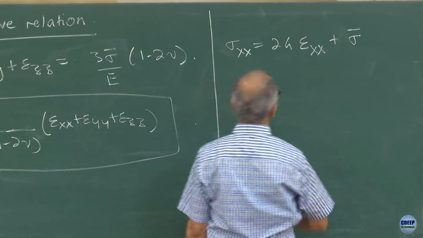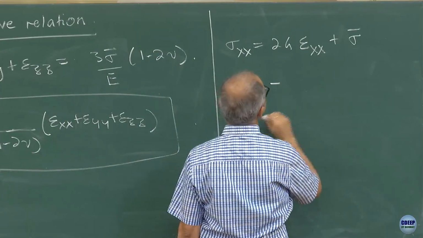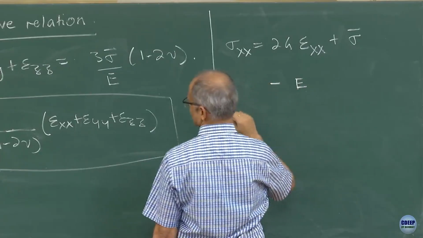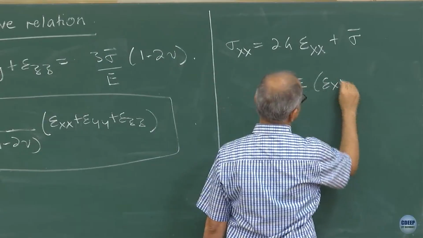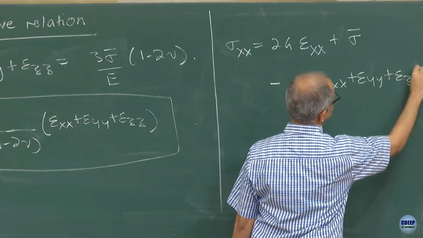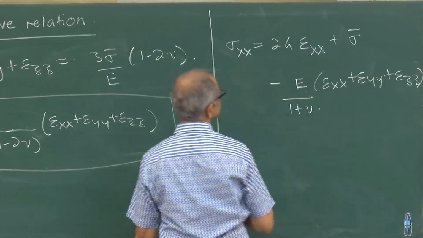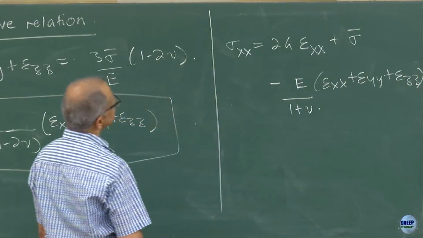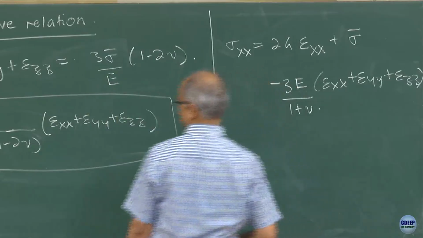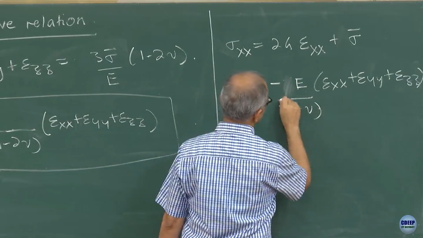So I will get, with a minus sign, E times epsilon xx plus epsilon yy plus epsilon zz upon 1 plus nu, and there is a 3 in the denominator, which is also showing up.